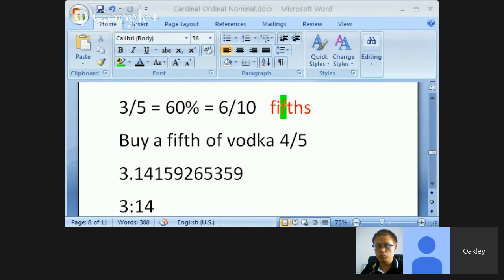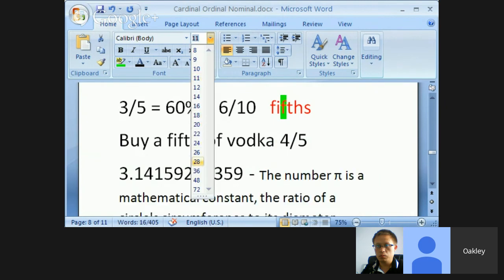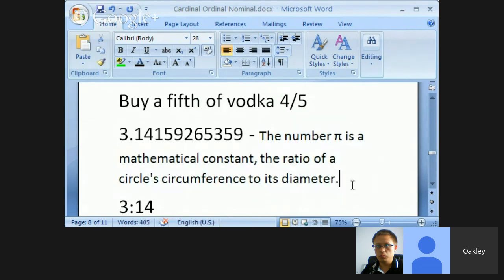Okay. Well, that's a sad story, but okay. Pi. What is pi? All right. Great. Here's a dictionary definition of what this number represents. The number pi is a mathematical constant, the ratio of a circle's circumference to its diameter. There you go.